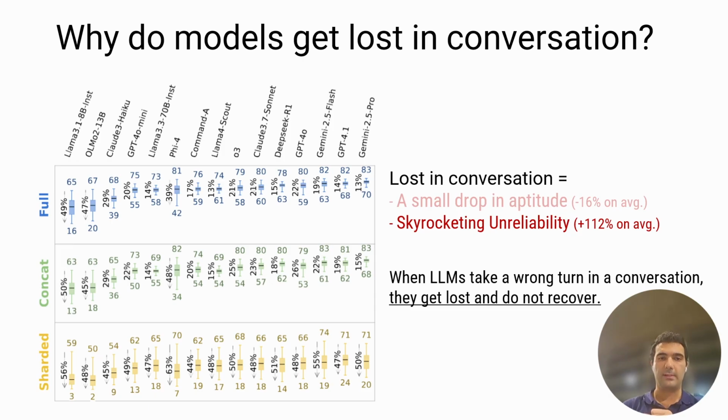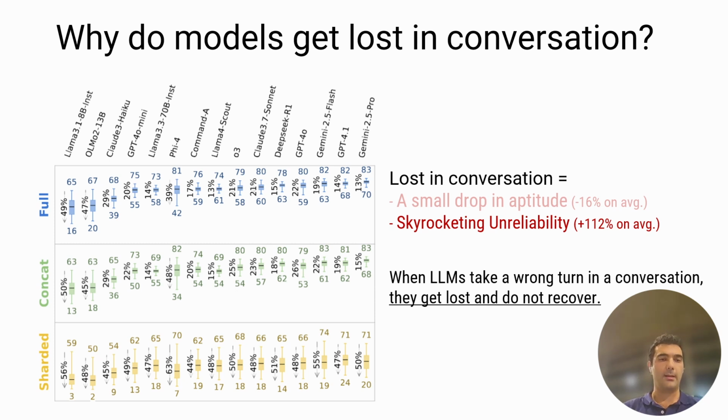And what you'll observe is as the models get on average better, so if you look at the median, you'll notice that the models are getting better, they are moving up, but also that the average unreliability is shrinking, meaning the bar plots are getting narrower and narrower. And that means that the worst case and best case performance are sort of narrowing. So same thing with concat. So in single turn settings, as models gain aptitude, they also reduce in unreliability.